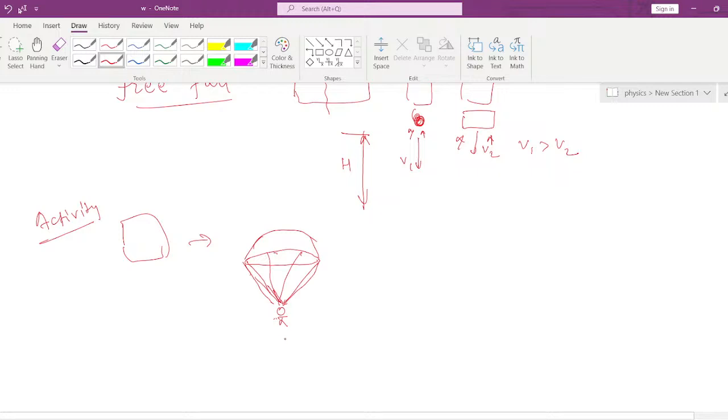When a man lands, and comes to the last moment, he lands safely. So the resistance on it will act in which direction? It will act in this direction.